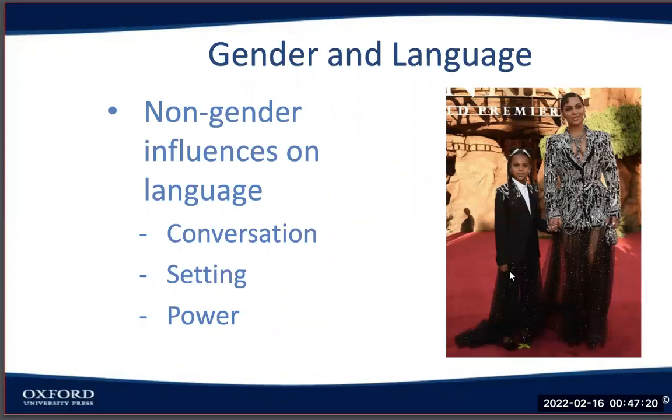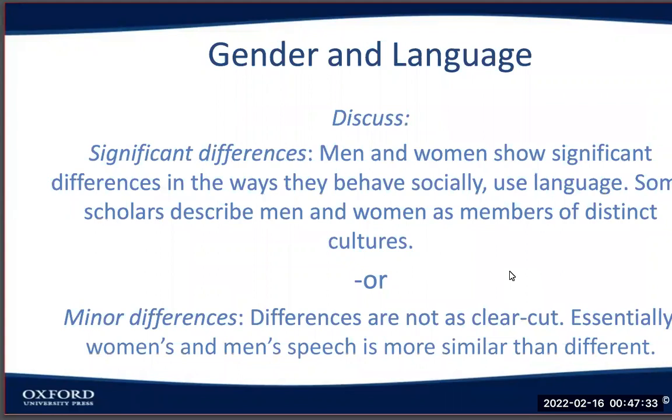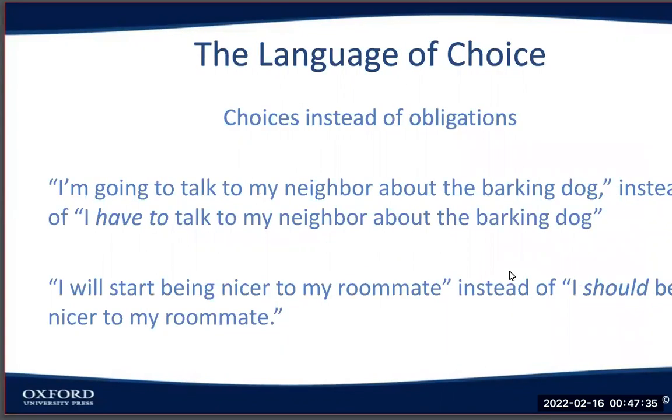And then the language of choice. Words that follow pronouns are important ingredients in responsible communication. Right here. I'm going to talk to my neighbor about the barking dog instead of I have to talk to my neighbor about the barking dog.